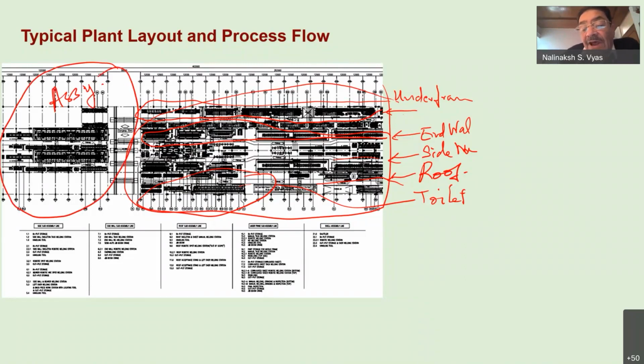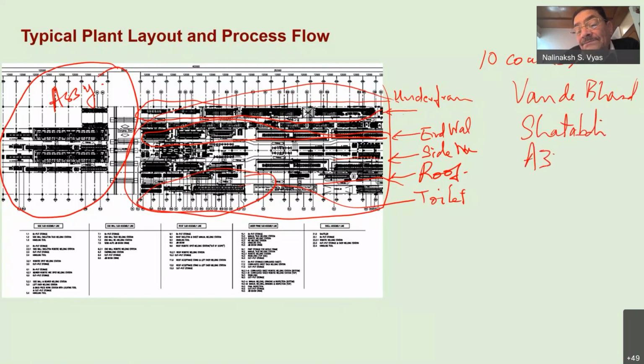Now, at any instant of time, if you are processing orders for, say, 10 coaches, these 10 coaches may be of different makes, maybe for Vande Bharat, maybe for Shatabdi, AC 3 tier, and so on and so forth.